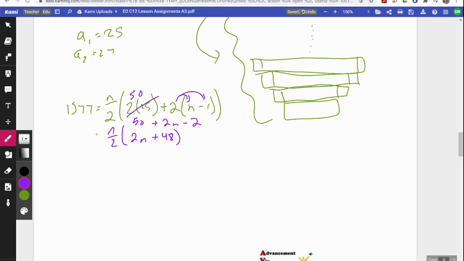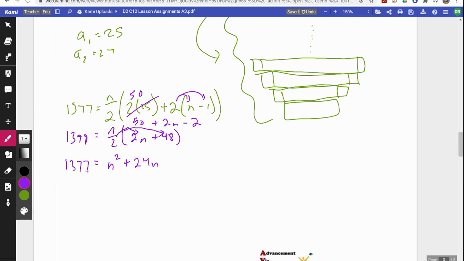Still have n over 2 over here, and instead of distributing a half to each of these, which I certainly could, I could double the other side, multiply it by 2, or distribute a half. So basically I'm going to distribute this guy across. I'm going to get 2n times n over 2. The n's are going to square now, but the half and the 2 will cancel each other out. So n squared. Then n over 2 times 48: 48 would be cut in half, 24, but now it has an n. And I'm left with this.